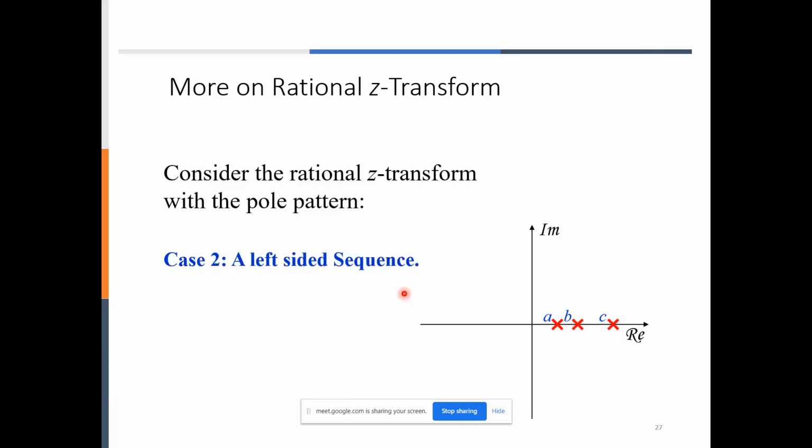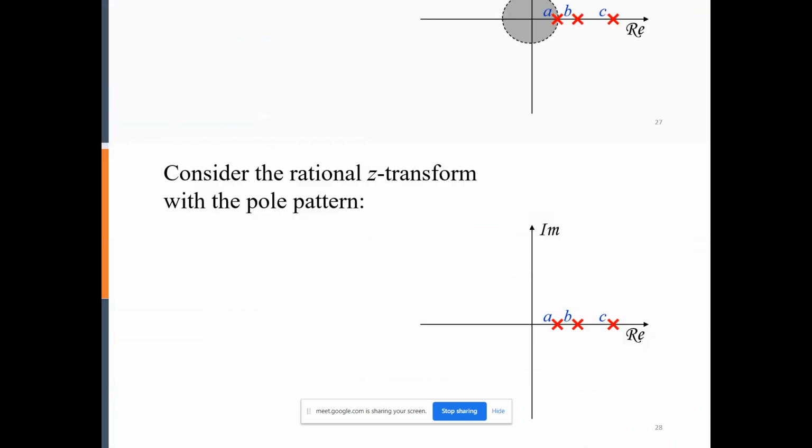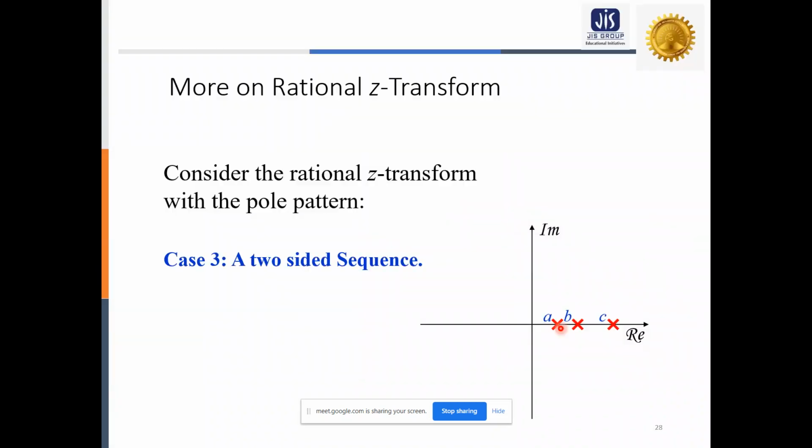Then case 2 is the left-handed sequence. Previously right-handed, now left-handed. So what will be the ROC? For a left-handed sequence, the ROC is inward of the innermost pole, that is A. This is one case, and the next case will be a two-sided sequence.